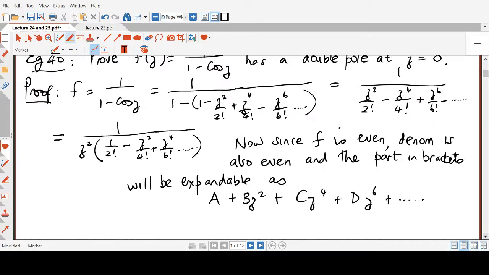So I'm saying that this part here, this yellow part, is 1 over that. You can't invert these term by term, of course. You can't say that 1 over this is 1 over 2 factorial minus 4 factorial over z squared. That's rubbish. You can't do that.